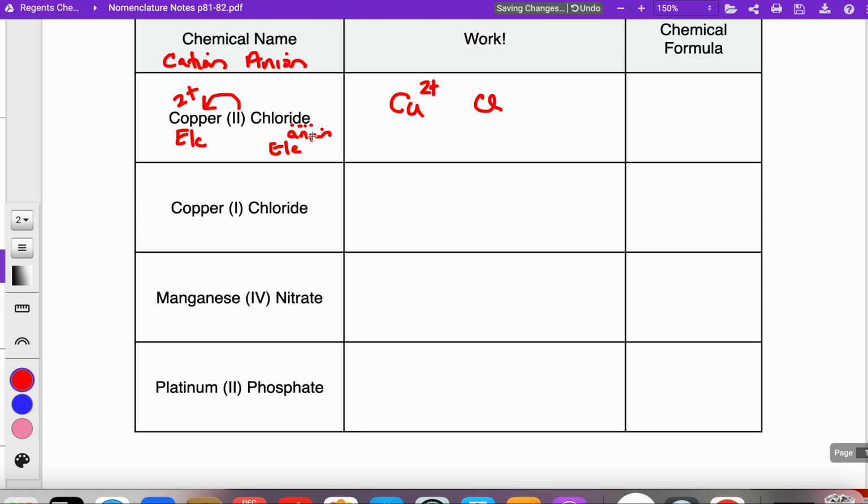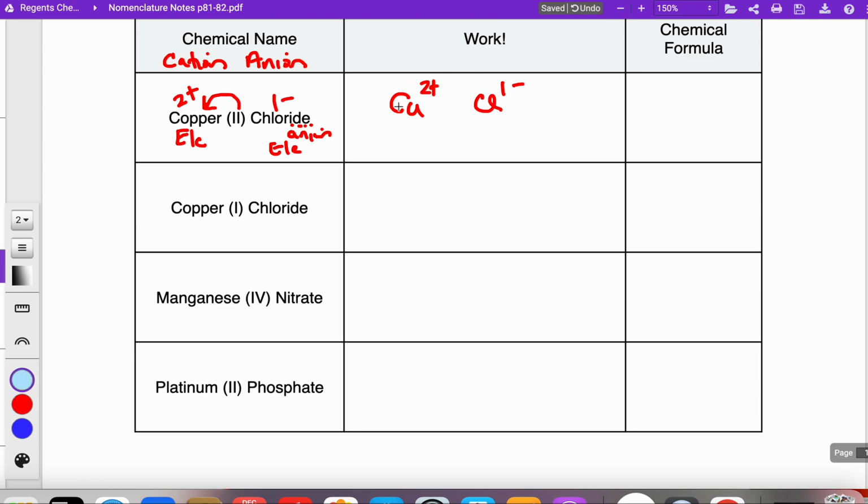For the chloride, the element chlorine, we need to find the symbol Cl on the periodic table. I know that there are a few different oxidation numbers, but it's an anion, so it must be using a negative charge, and it only has one choice, which is -1. So the chloride is using a -1 charge.